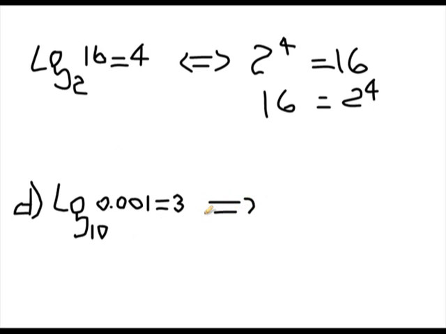Understand, we say the result of a logarithm is the exponent necessary to raise the base in order to get the value that you are trying to compute the logarithm of.